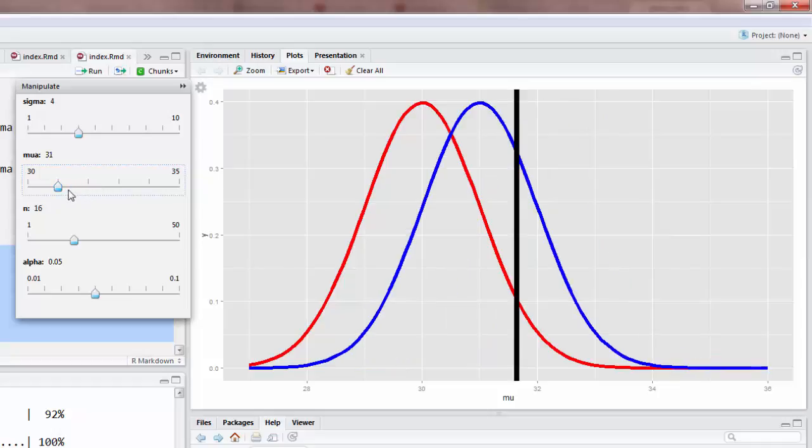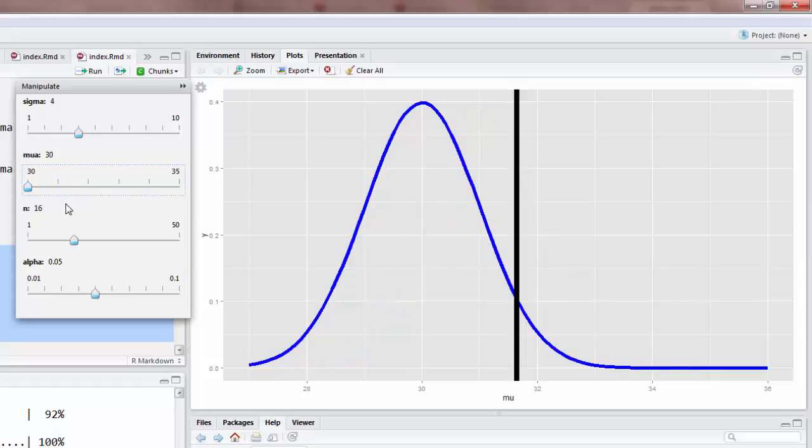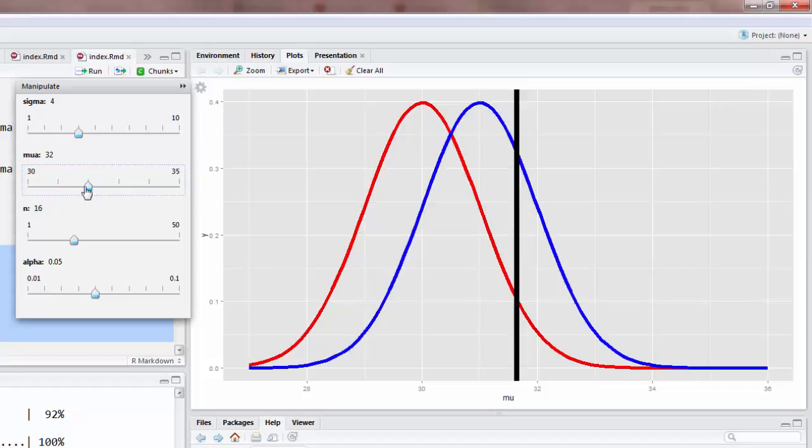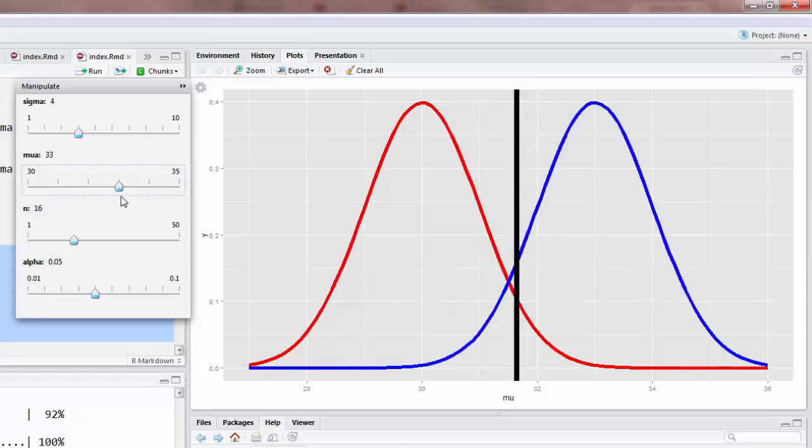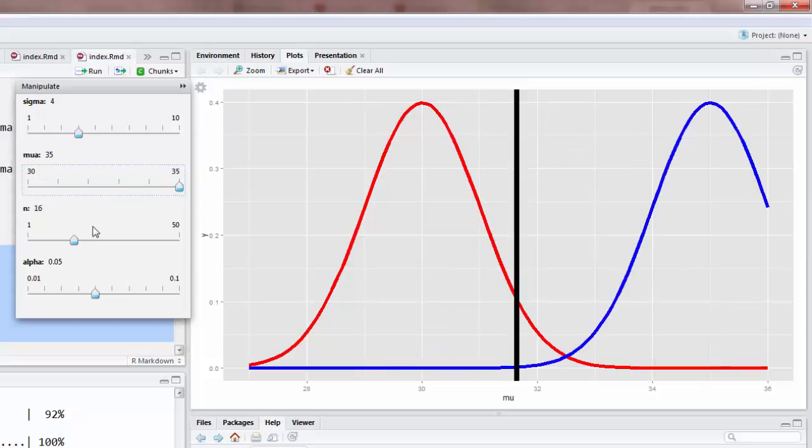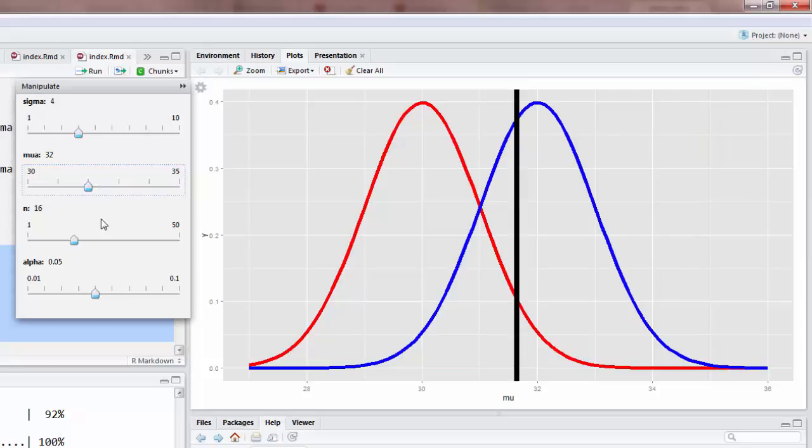And then as it moves towards 30, you can see the power is getting lower, and the lowest the power can be is if it lies right on top of the null distribution, and then the power will be exactly 0.05. Then it'll get bigger as it moves further and further away, until if we're at 35, we have almost 100% power. Okay, let's set this back to 32, the value that we were using for the problem.